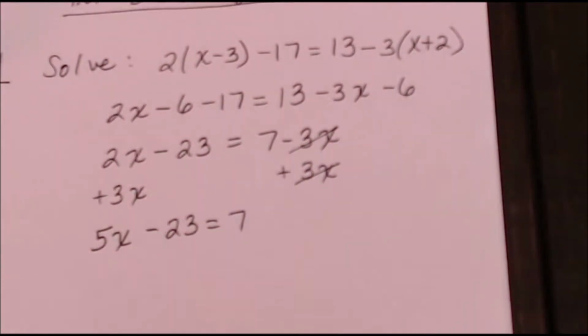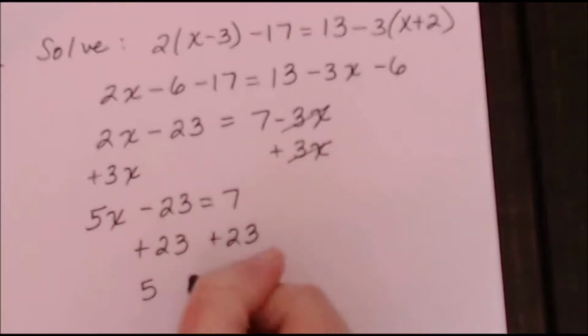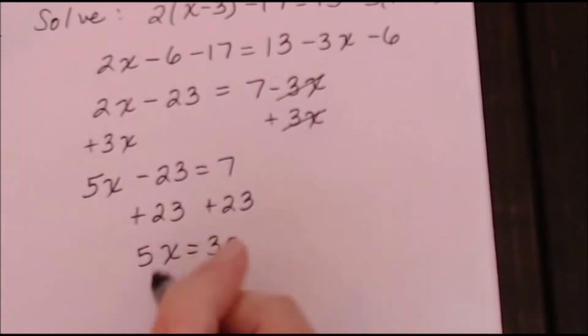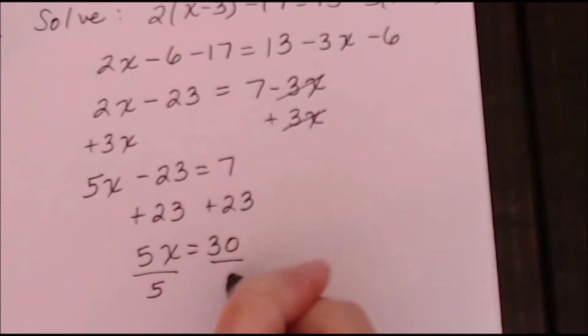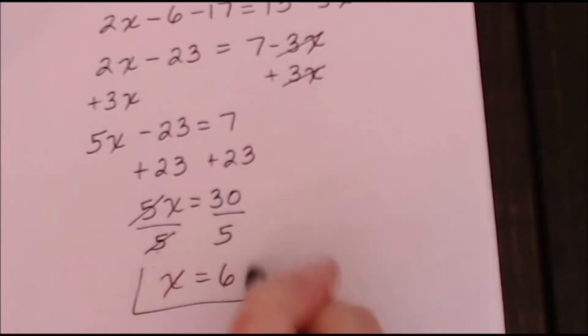And then we want to get that 23 over there with the 7, so I'm going to add 23. So now we have 5x equals 30, and then we're going to divide both sides by 5. So our solution to this equation is x equals 6.